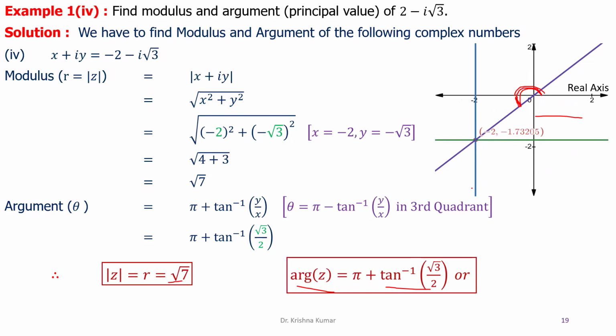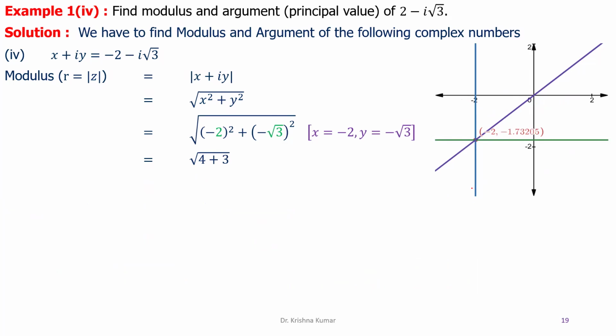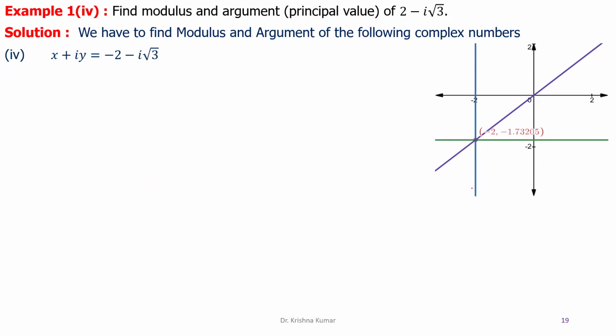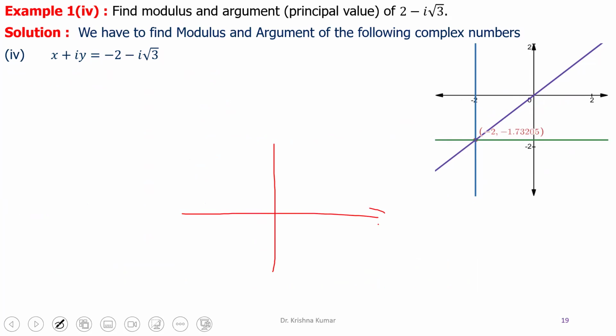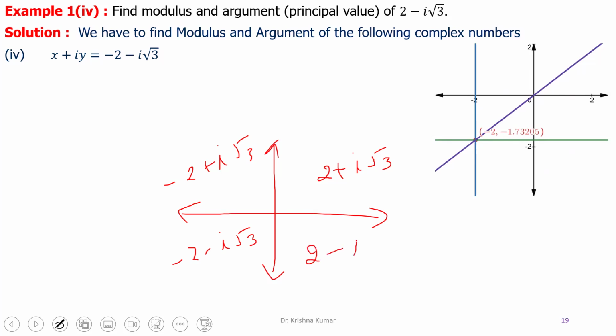Let me show you in this example. We have taken all 4 numbers: 2 plus i root 3, minus 2 plus i root 3, minus 2 minus i root 3, and 2 minus i root 3.